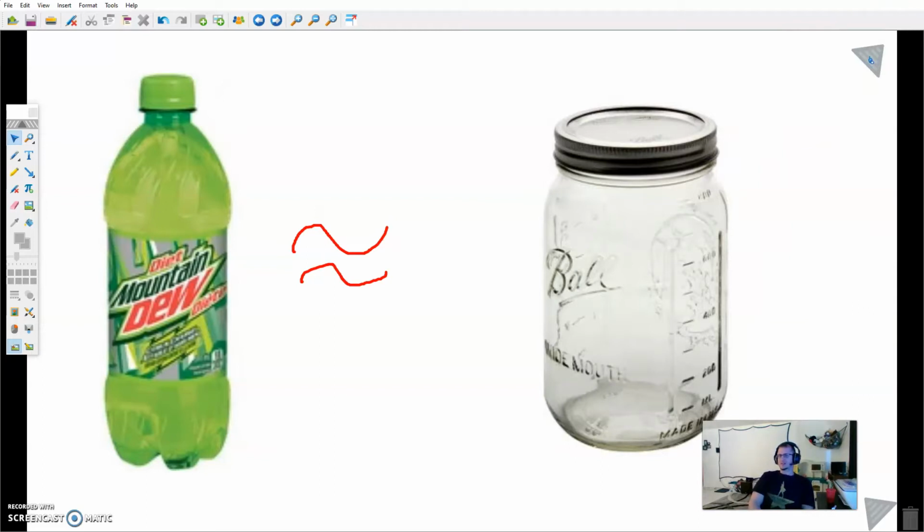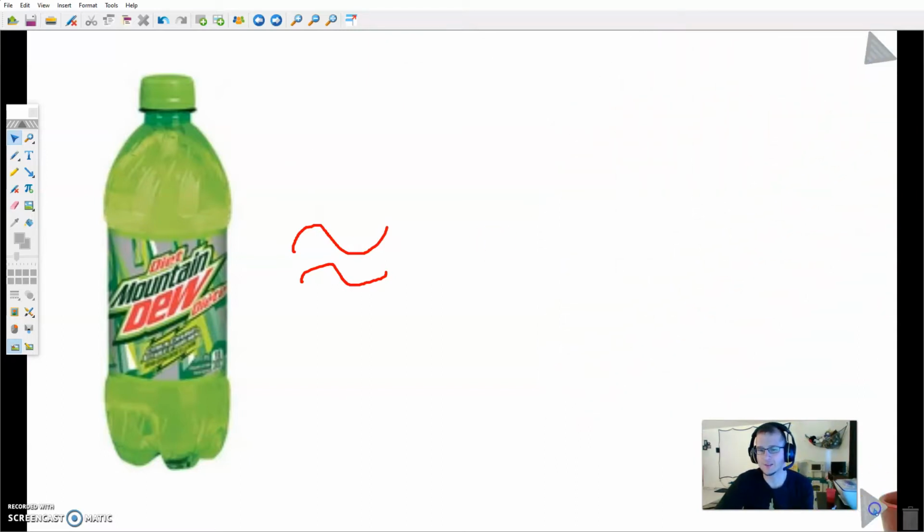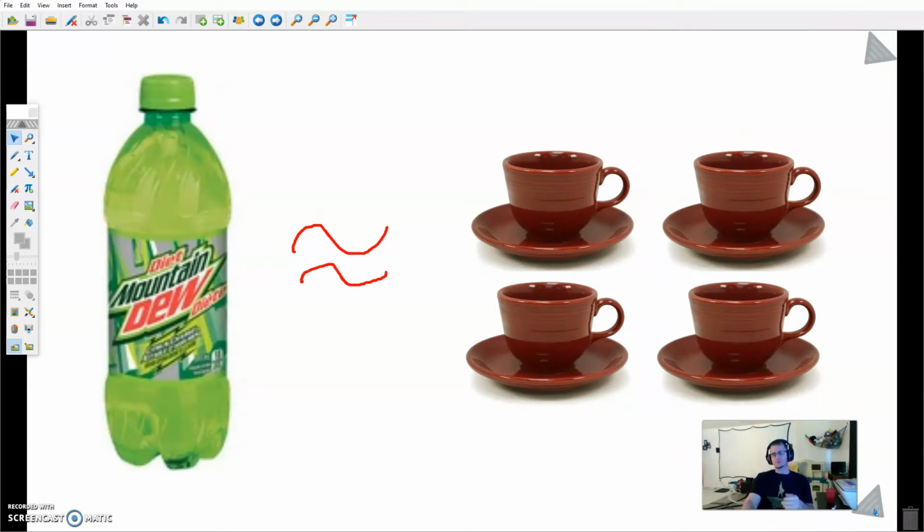Now a liter is a little bit bigger than a quart, because you're talking probably 1 1/10 of a quart equals a liter. But that gives you the rough comparison to what you're used to. Remember, 4 cups in a quart, 4 quarts in a gallon. With that being said, we also know a liter is also equal to about 4 cups.